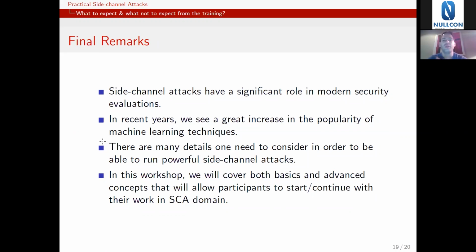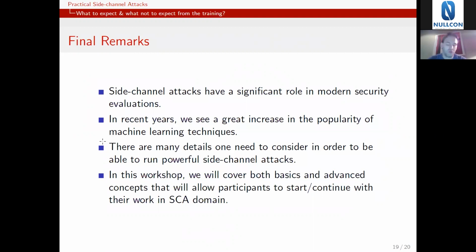So recently, now we also have that deep learning is becoming a mandatory part of that kind of security evaluation. So basically, I want to say, if you are interested in something like a security evaluation labs career, side channel attacks and how to run them is a significant role there.